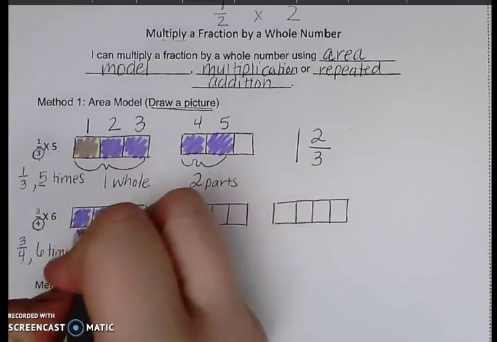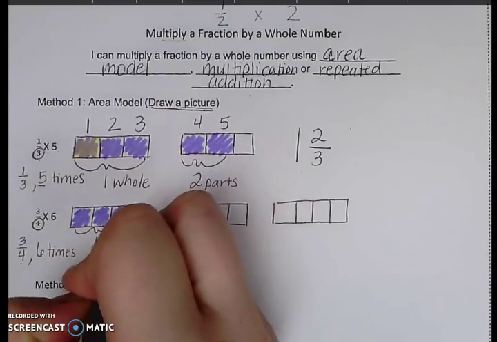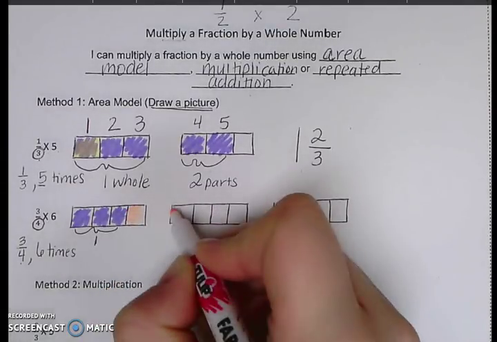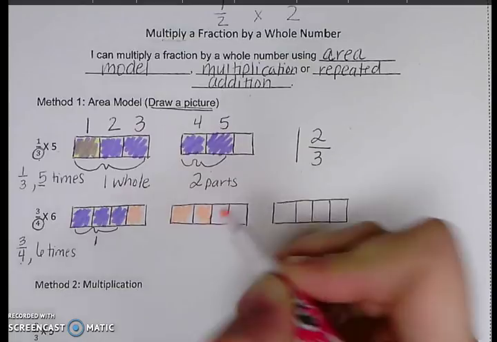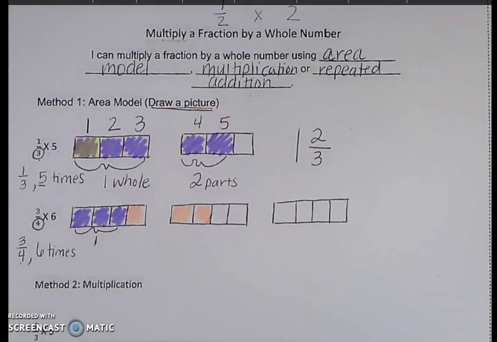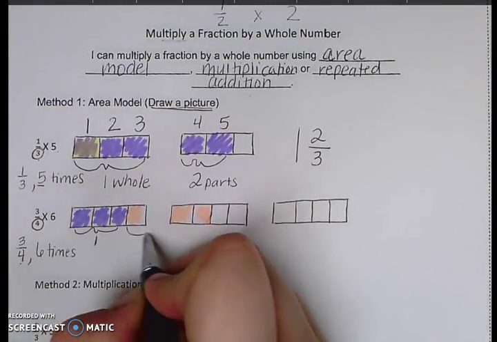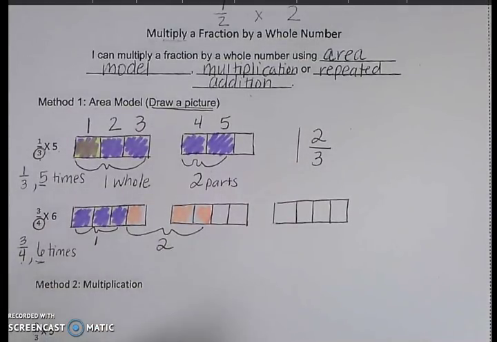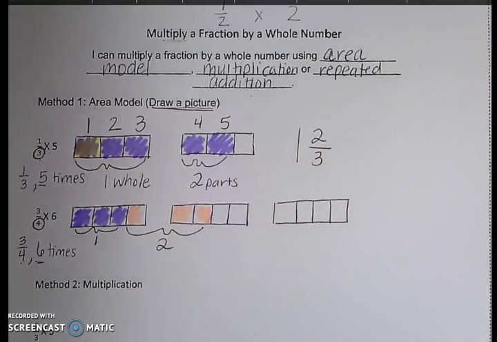So that would be 1. And then, using a different color here, that one's also kind of hard to see, but that would be 2. So from these 3 here, that would be 2. And remember, I've got to go 6 times.